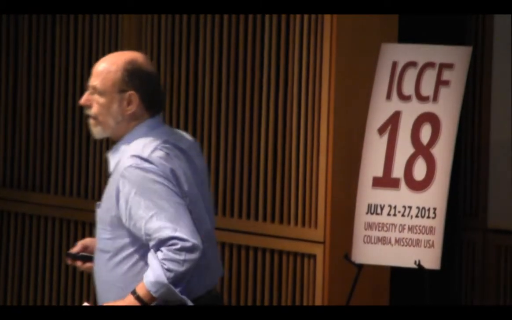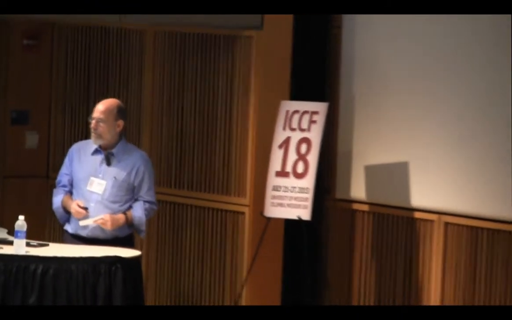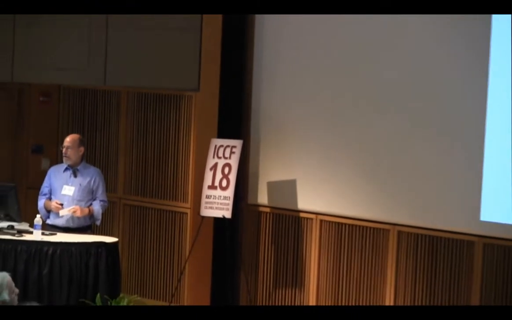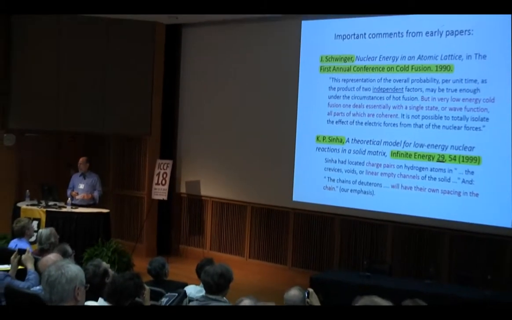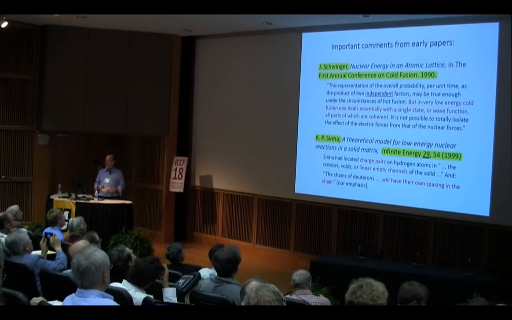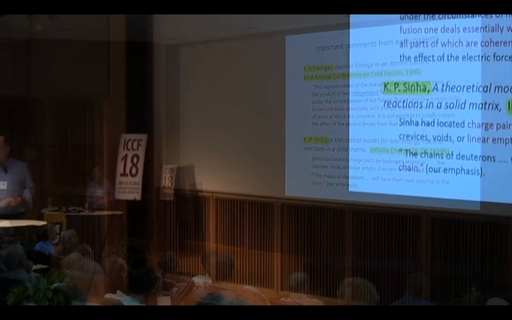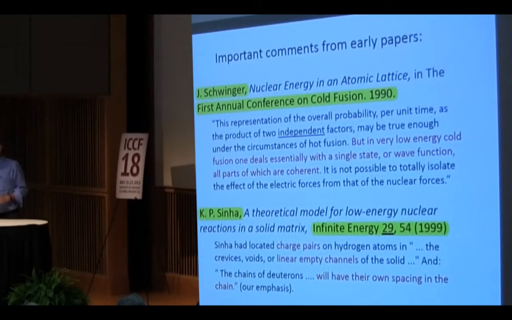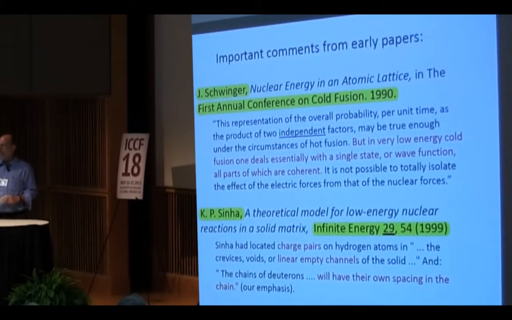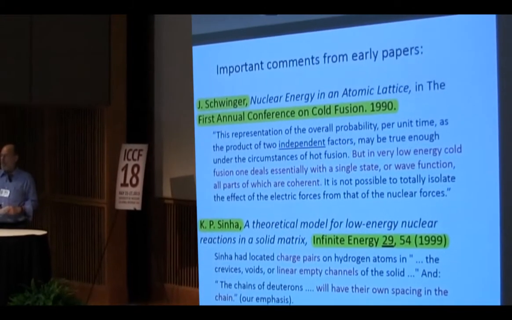There are two things here that are important, showing the historical point. The first one was from Schwinger's paper in 1990. I'll go ahead and read the quotation. "This representation of the overall probability per unit time as the product of two independent factors may be true enough under the circumstances of hot fusion. But in the very low energy cold fusion, one deals essentially with a single state or wave function, all parts of which are coherent.